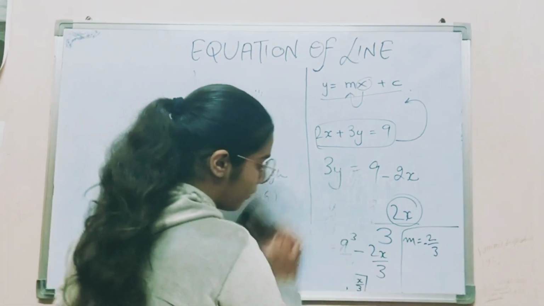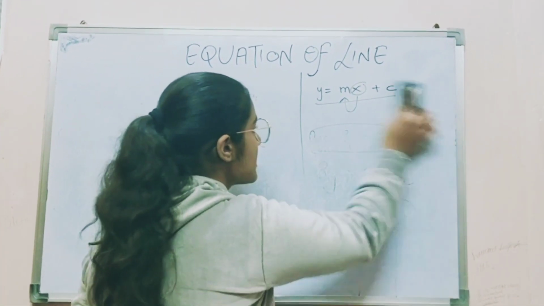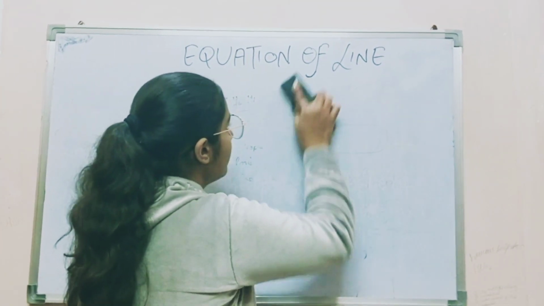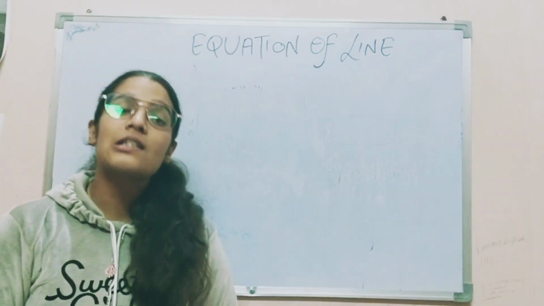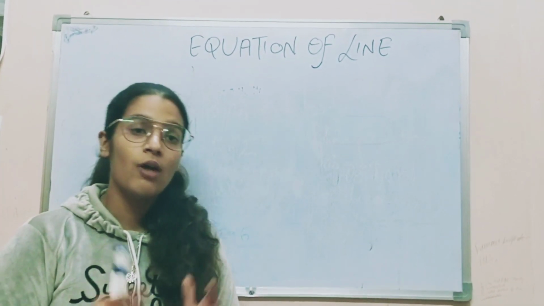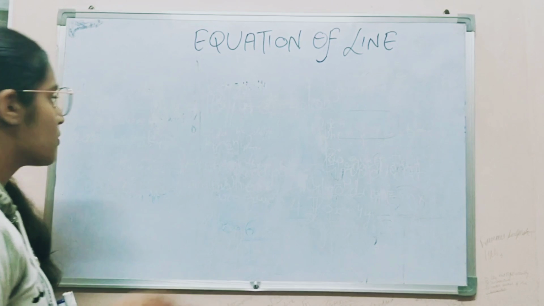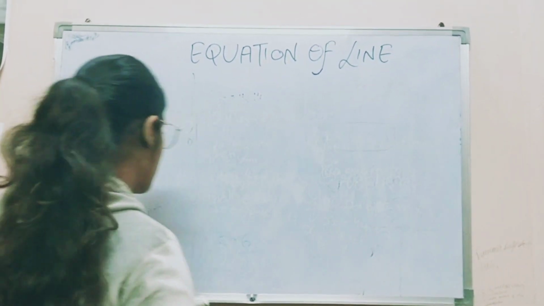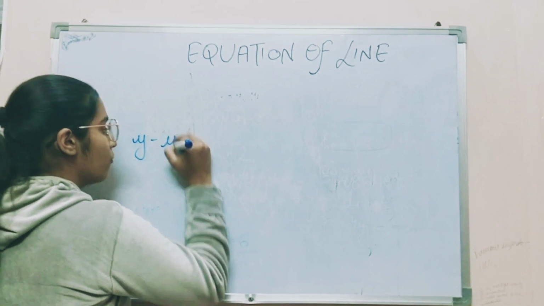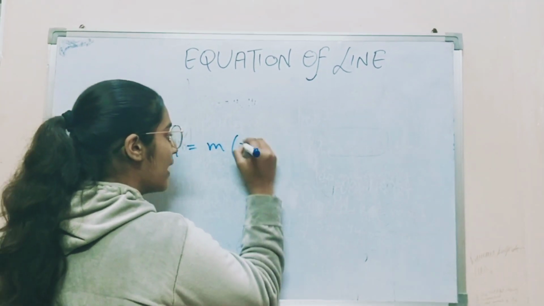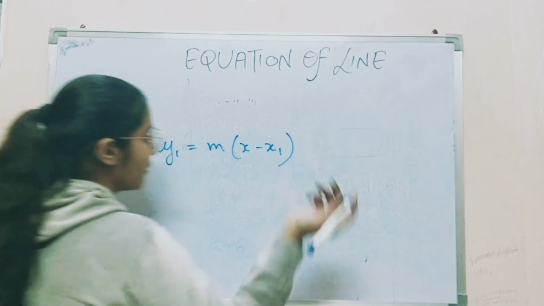Now the next topic which we are going to start is how to find the equation of a line. Firstly, I have told you how to find the slope of a particular line. Now I am going to tell you how to find the equation of a line. So it's very easy. We are only having one method, basically only one formula, that is y minus y1 equals m times (x minus x1).